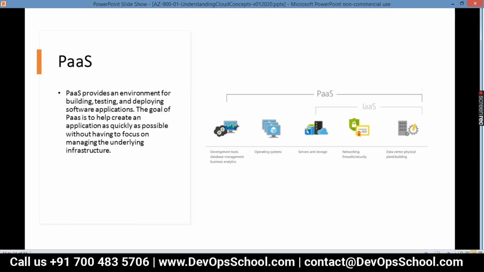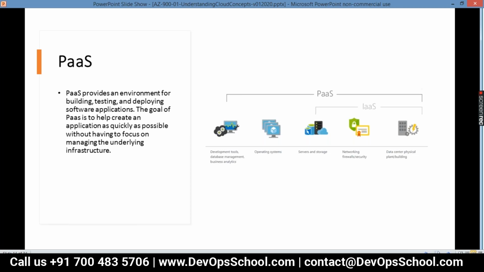So there are deployment tools, database management, business analysis, and also so many other tools that are open source, like Git. Have you heard about Git? Jenkins. All these are open source and are also deployment tools, so they also come under platform as a service. Eclipse is also a platform as a service.